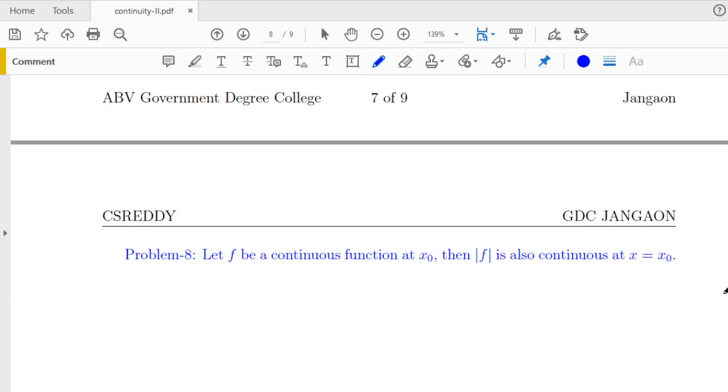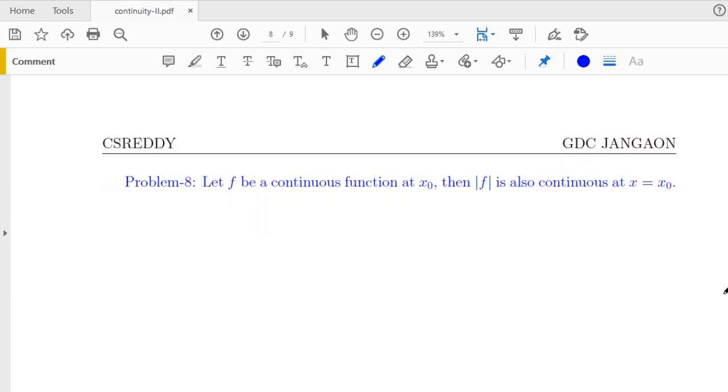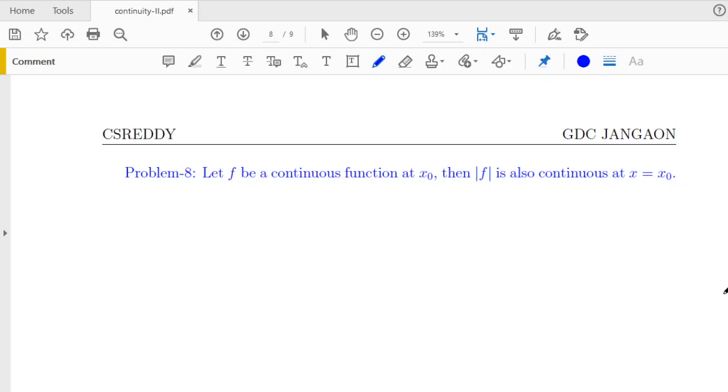Next problem. Let f be a continuous function at x naught, then prove that mod f is also continuous at x equal to x naught. If f is any continuous function, then mod f is also continuous.